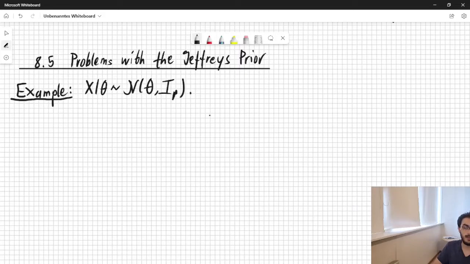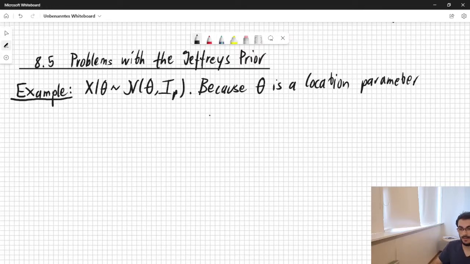The Jeffrey prior, because theta is a location parameter, by which I just mean that theta plus mu is still in the parameter space for any number mu. We have the case at the beginning.